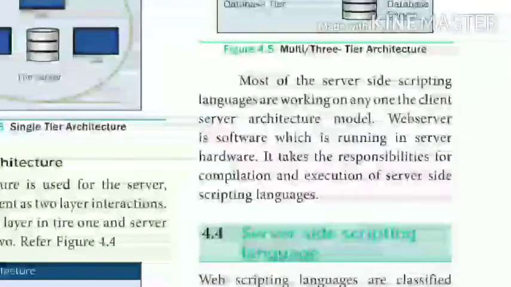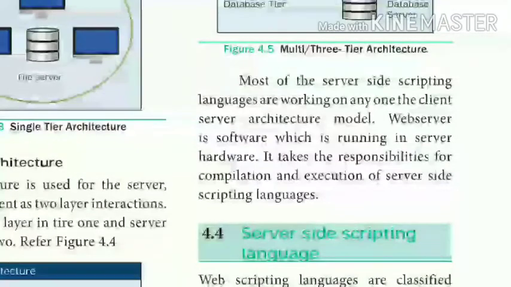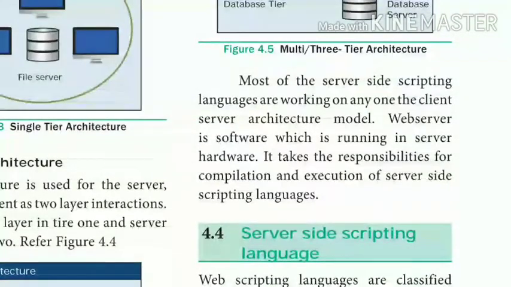Most of the server side scripting languages work on only any one of the client server architecture models. A web server is software which runs on server hardware. It takes the responsibility for completing the execution of the server side scripting language.